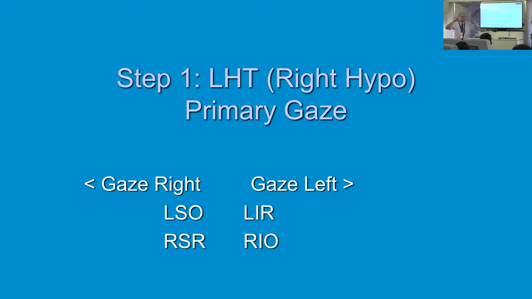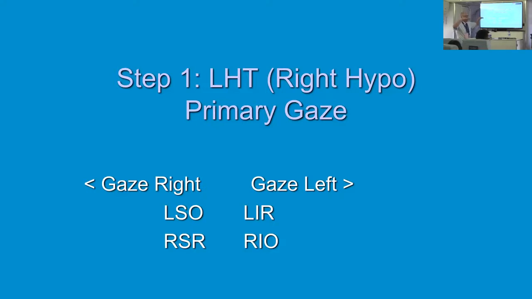If I want to look to the right and look up a little bit, the elevator of the right eye in right gaze is the right superior rectus. Okay, that's what it does.